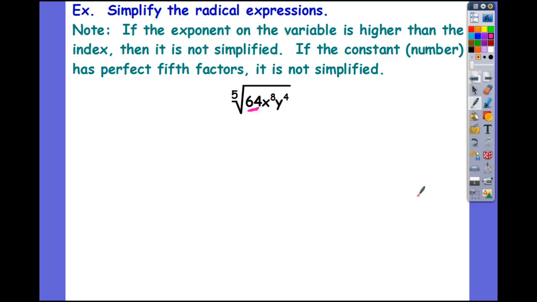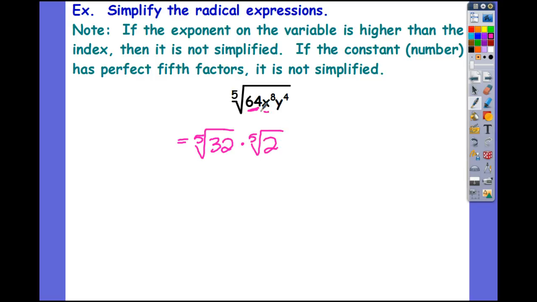So here's where we're going to go with this. If I factor 64, 64 does have a perfect fifth factor. Think about your perfect fifths: 2 to the fifth power is 32. So I could break this expression down and say the fifth root of 32 times the fifth root of 2 would be the same thing as the fifth root of 64.